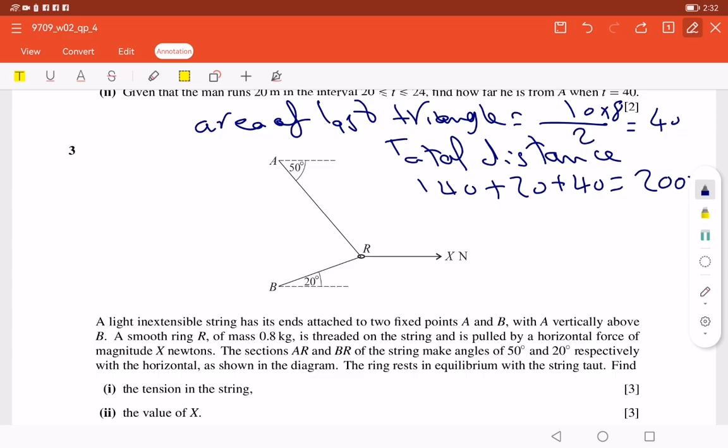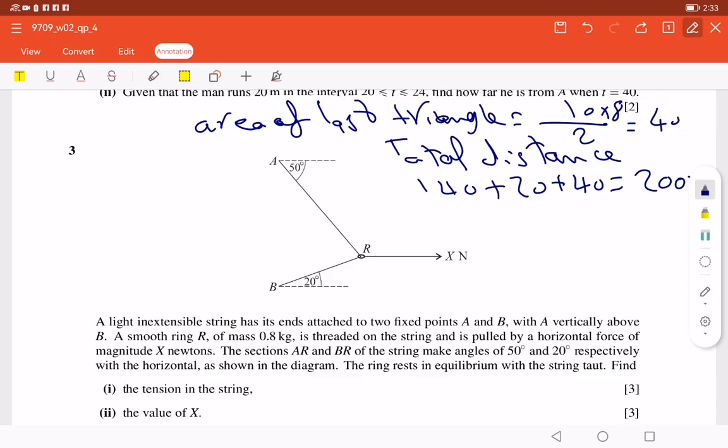The sections AR and BR of the string make angles of 50 degrees and 20 degrees respectively with the horizontal. As shown in the diagram, the ring rests in equilibrium with the string taut. Then find item 1, the tension in the string, and the second item, the value of X.